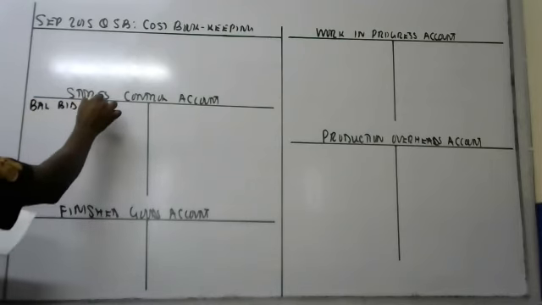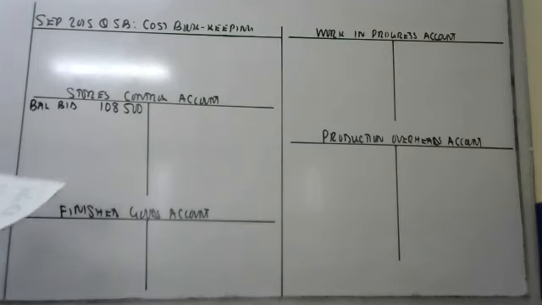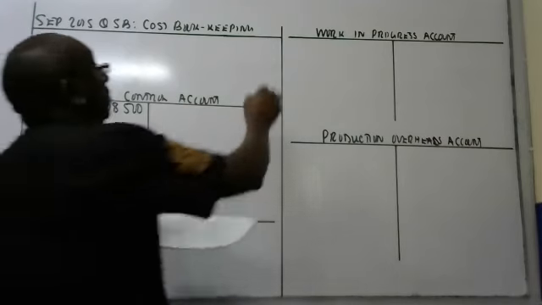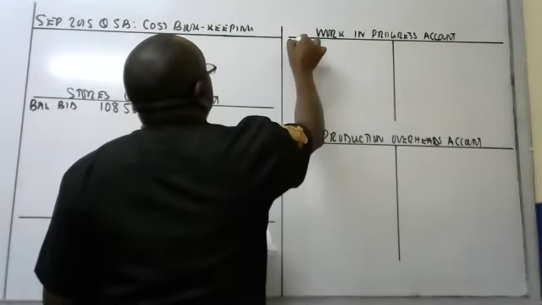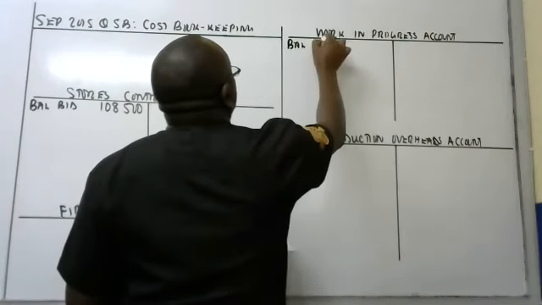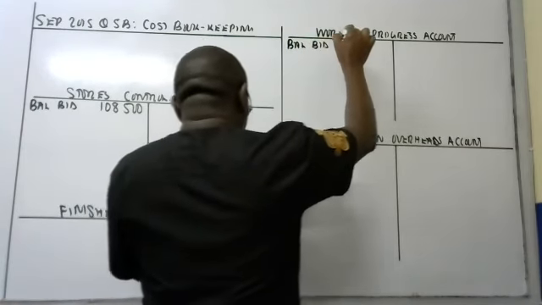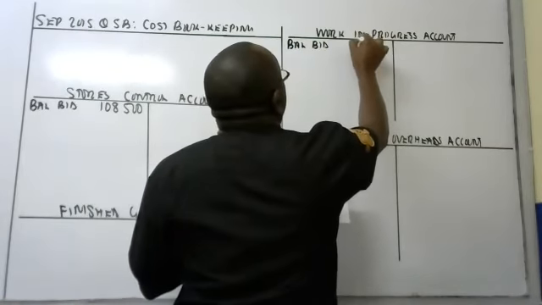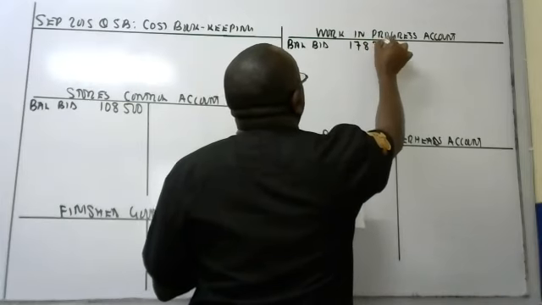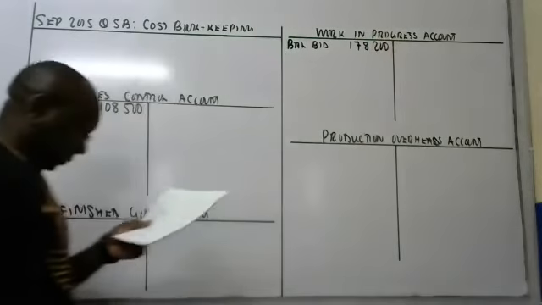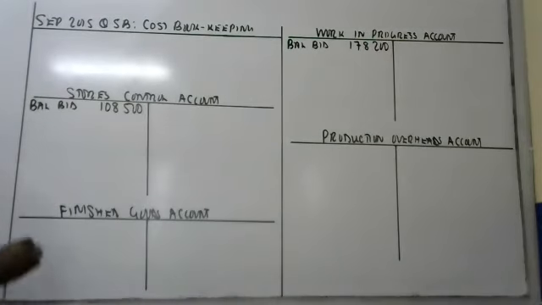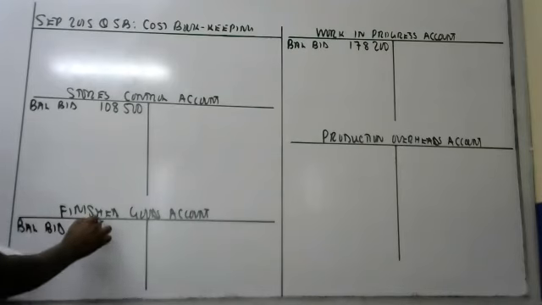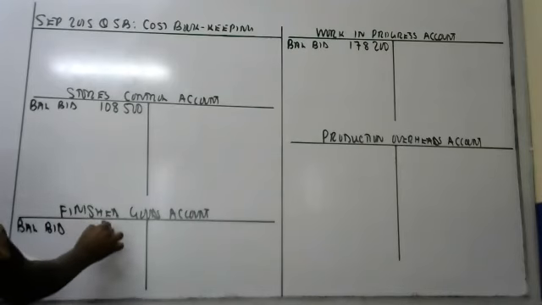Work in progress, balance brought down is 178,200. And finished goods, balance brought down is 84,150.